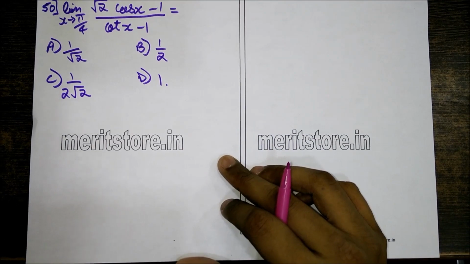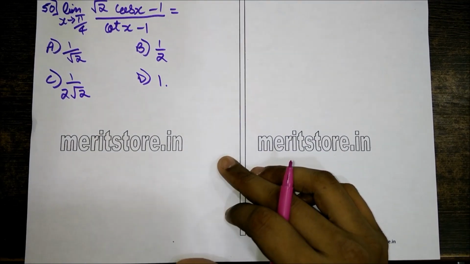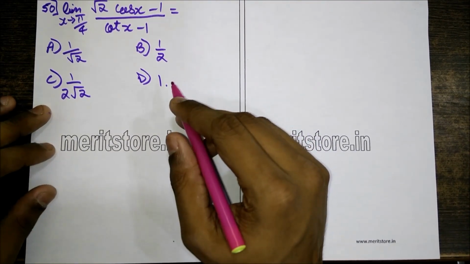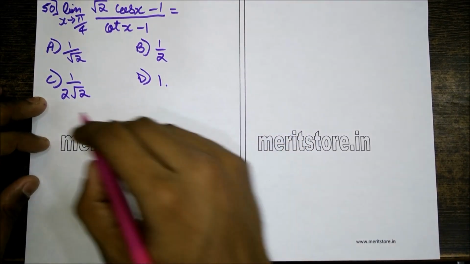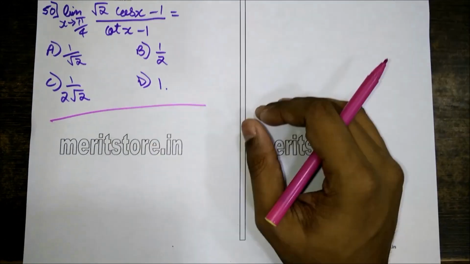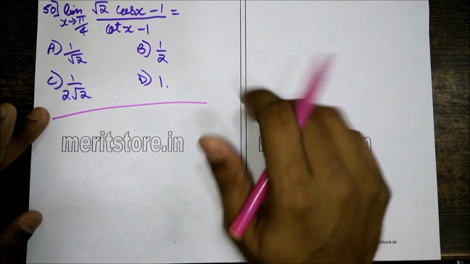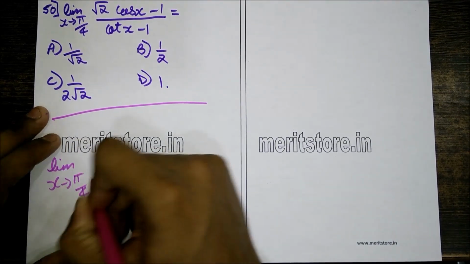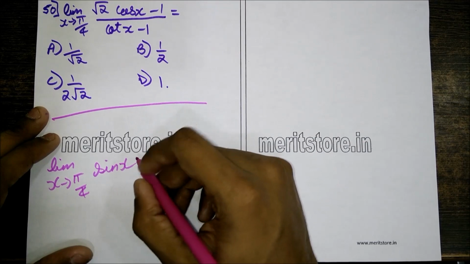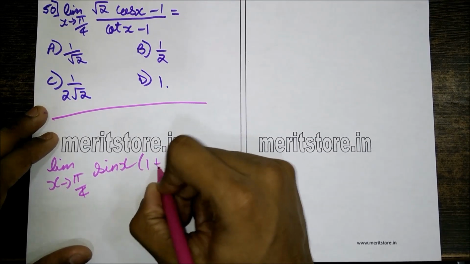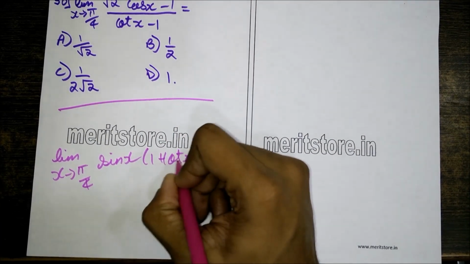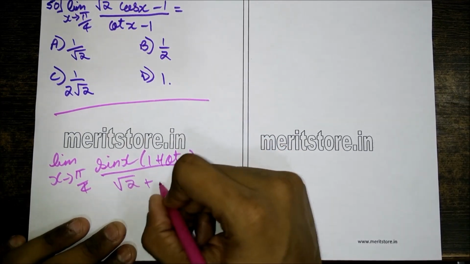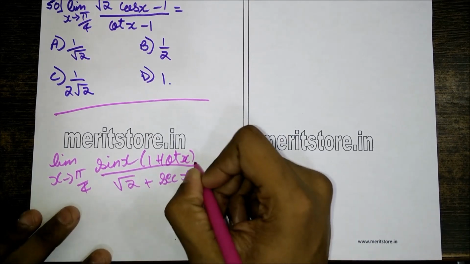Limit of x tends to pi by 4, (root 2 cos x minus 1) upon (cot x minus 1) equals: a) 1 by root 2, b) 1 by 2, c) 1 by 2 root 2, or d) 1. So first we can write the term as limit of x tends to pi by 4, sin x into (1 plus cot x) upon (root 2 plus sec x).